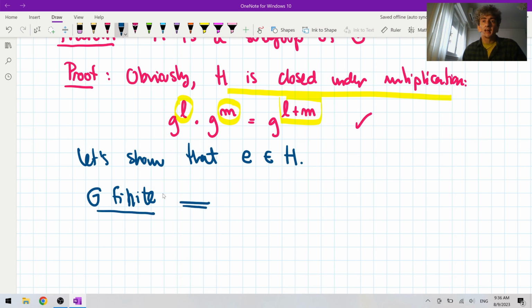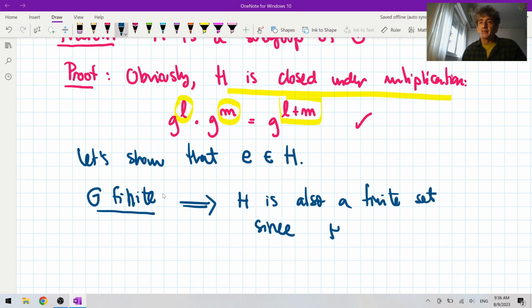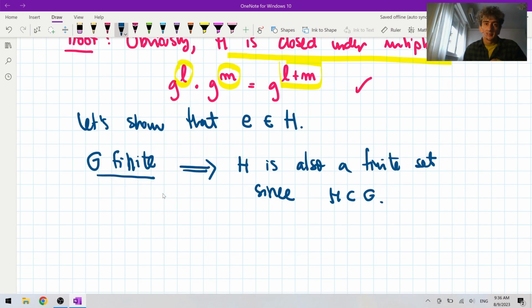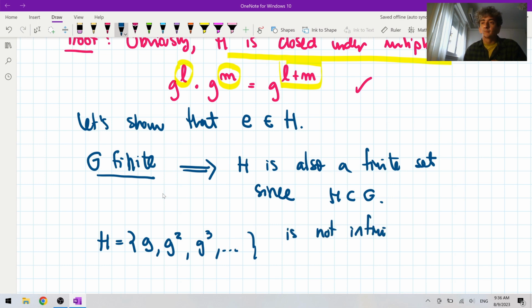This implies that H is also a finite set, since H is a subset of G. This actually means that the collection g, g squared, g to the third power, and so on, is not infinite. All these powers cannot all be different.